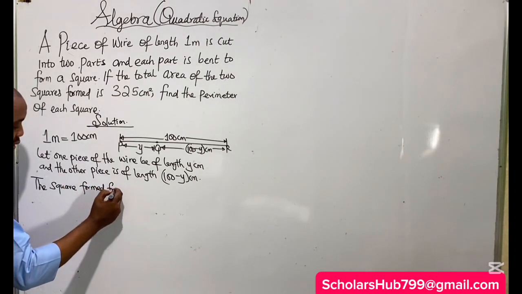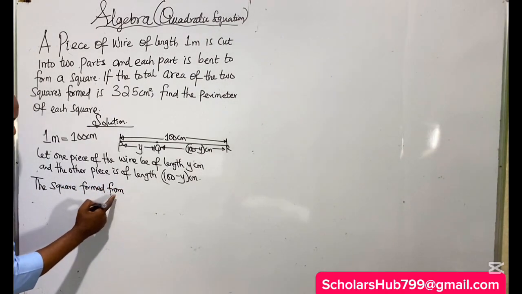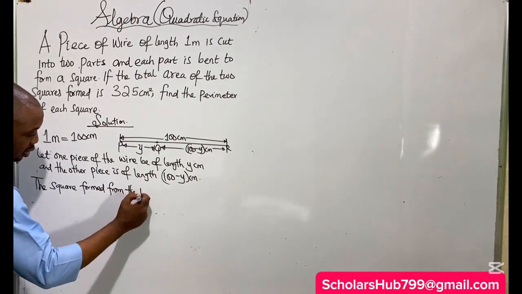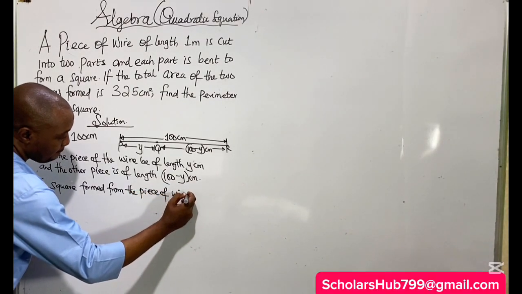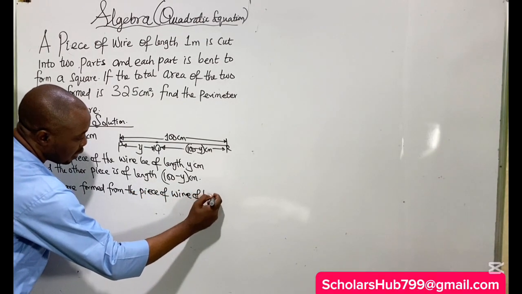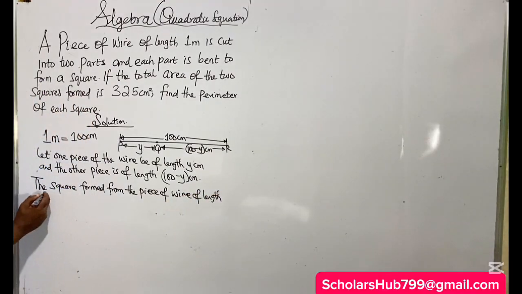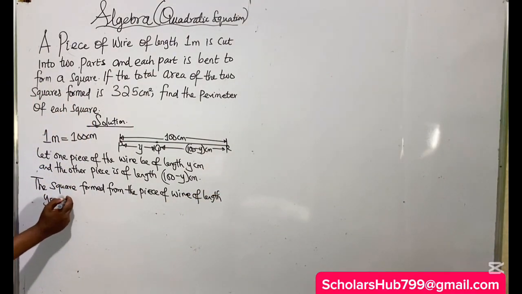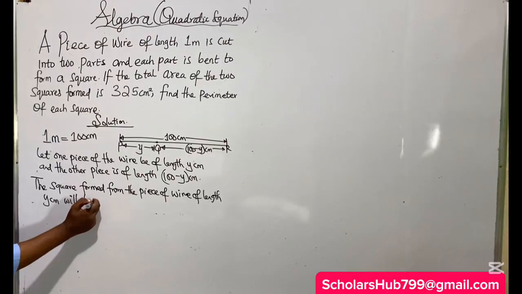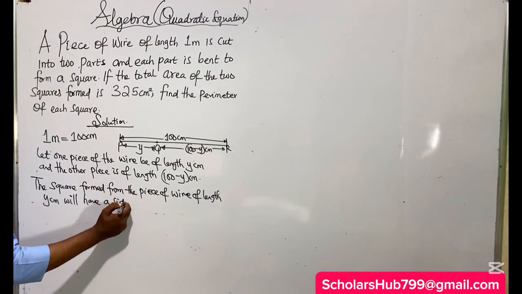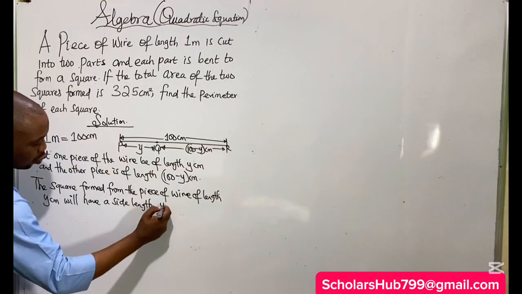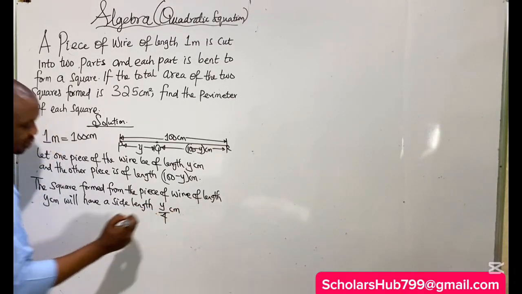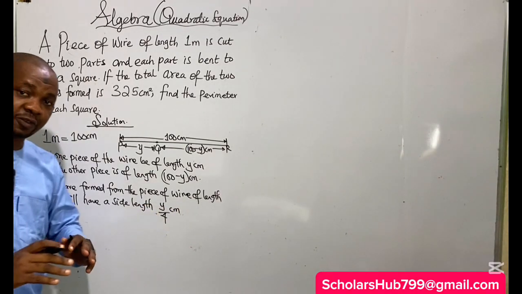The square formed from the piece of wire of length y centimeters will have a side length of y over 4 centimeters, because a square has 4 sides.